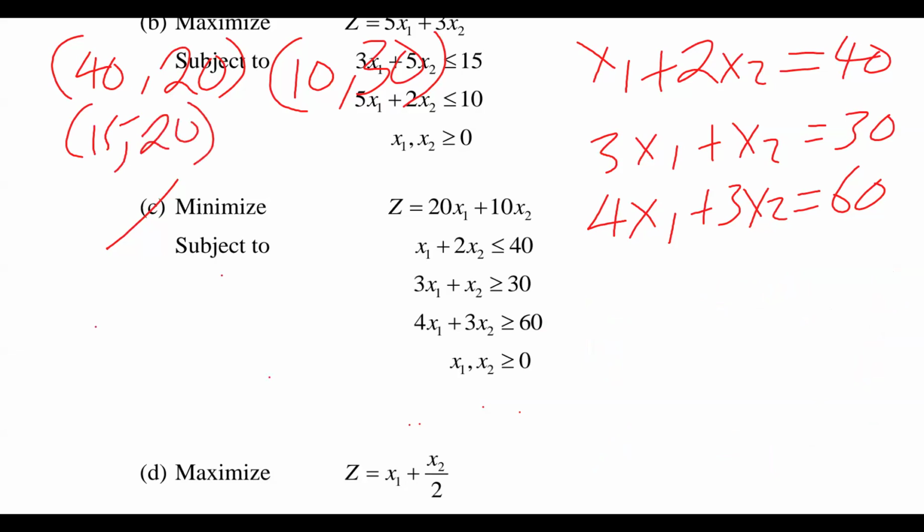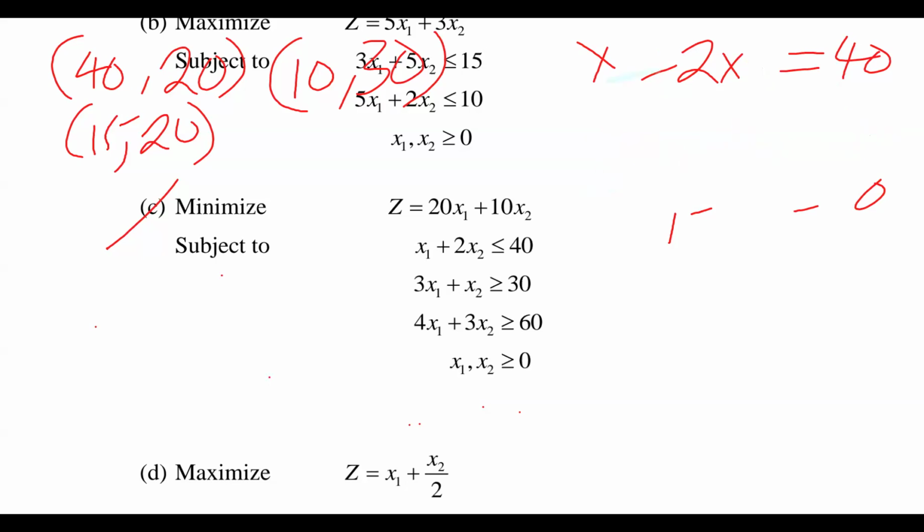Simple. So now we look at the scales that we have to use. We are minimizing the function though. For x, what's the maximum value we get? It's 40, right? Then for y, what's the maximum we can go? 30.